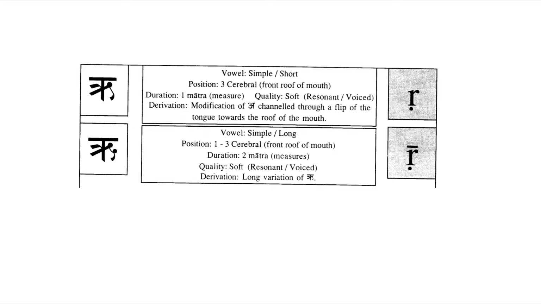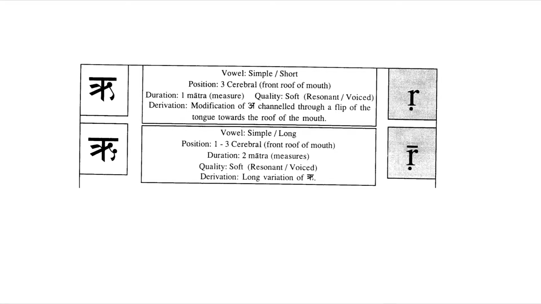R is a short vowel sound. One matra, like a in the throat, i at the palate, position 2. Now position 3, the short vowel sound, r. And the short vowel sound at the lips, u. We have 4 basic vowel sounds: a, i, r, u.